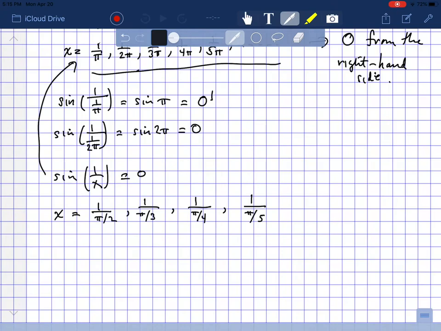Let me erase these values. Sorry. Let me redo that.